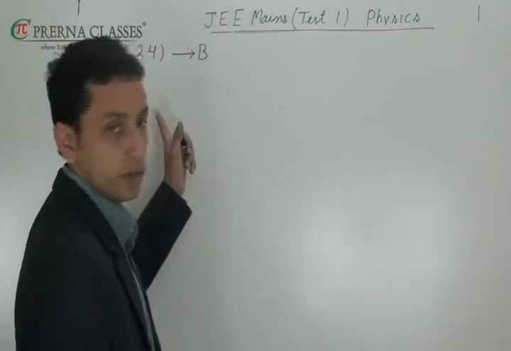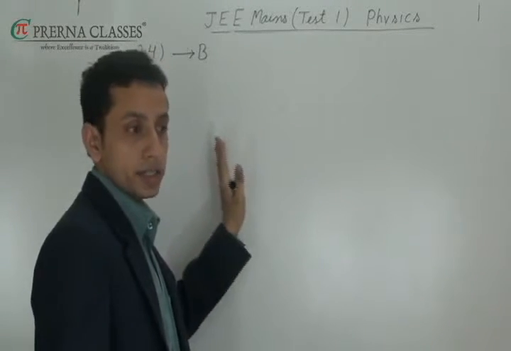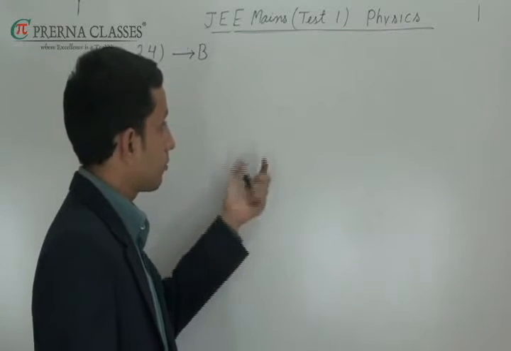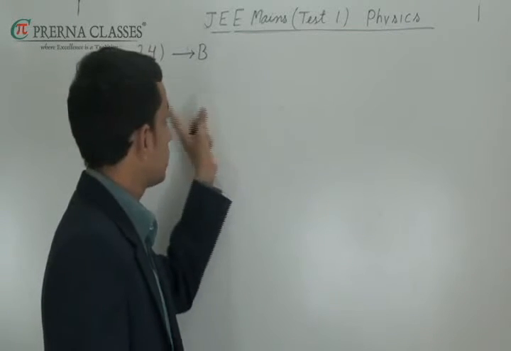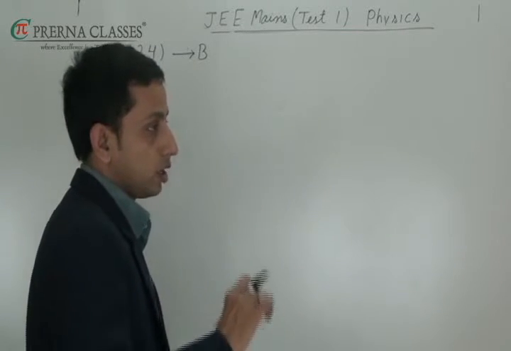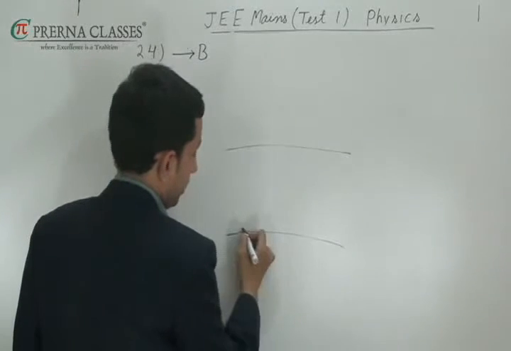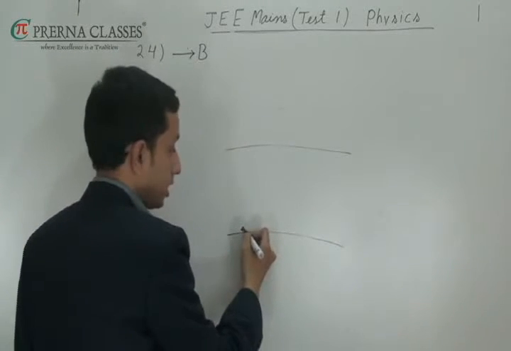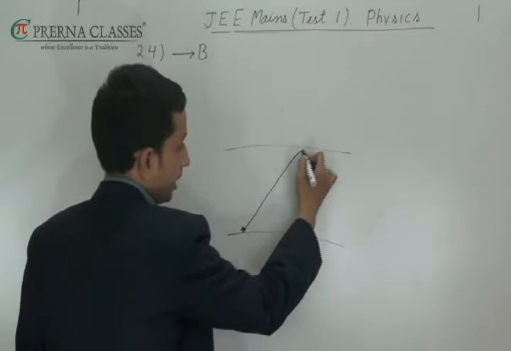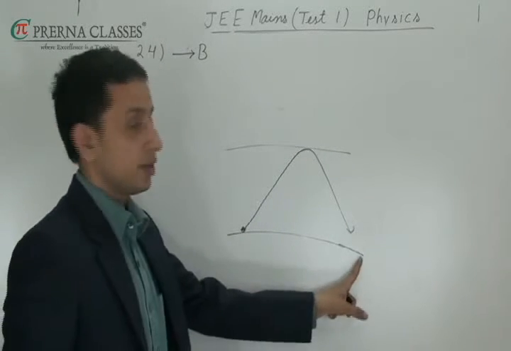Come to question number 24. In this question it has been asked what is the frequency range for skywave communication, and four options are given. So for skywave communication we have a wave emitted from the transmitter which is getting reflected by the ionosphere and coming to the receiver.